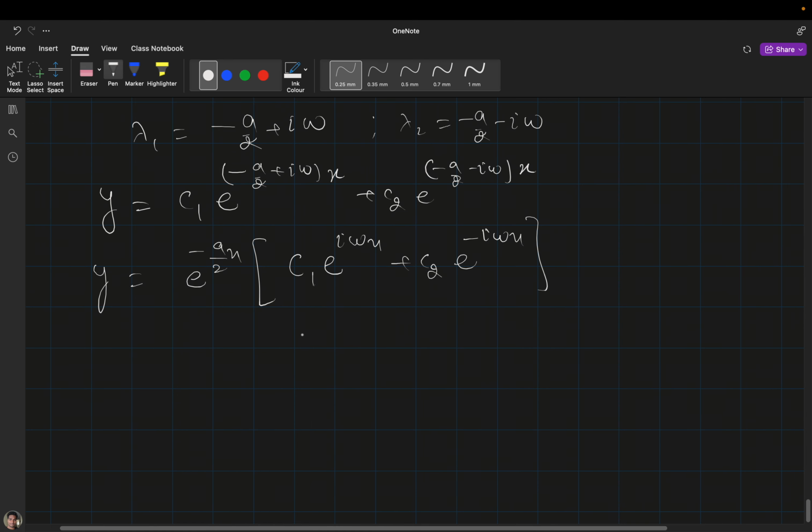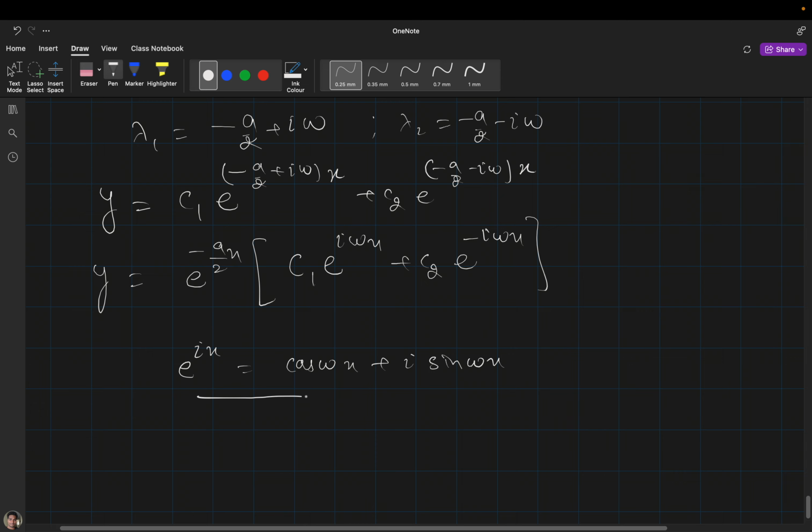Okay, now I will use the Euler identity, and Euler identity says that if this is an exponential form, then you can write cos omega x plus i sin omega x.